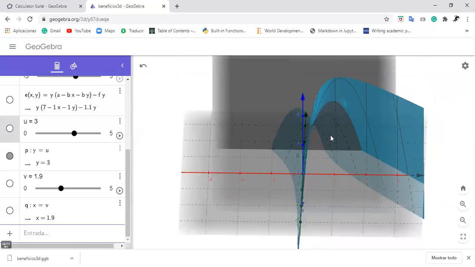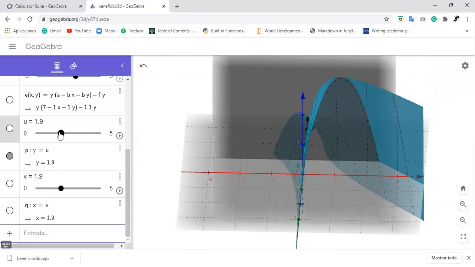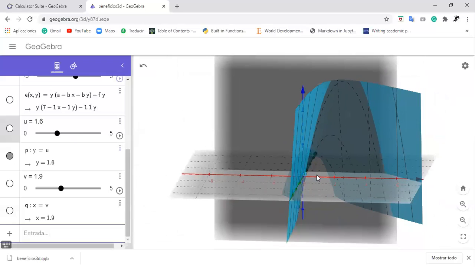Let me give you a third example. Consider the case when firm number 2 is producing a very low quantity, for example, around 1.5 or 1.6. So now firm number 1 has this parabola, which is this one.